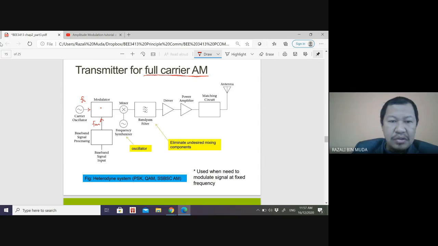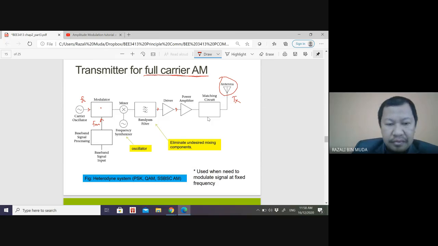Okay, then it goes into the mixer where the signal frequency comes in again, mixer here, band pass filter. This band pass filter's function is to eliminate undesired mixing components, and then it goes into the driver and then power amplifier, matching circuit, and then is transmitted using the antenna for the transmission.